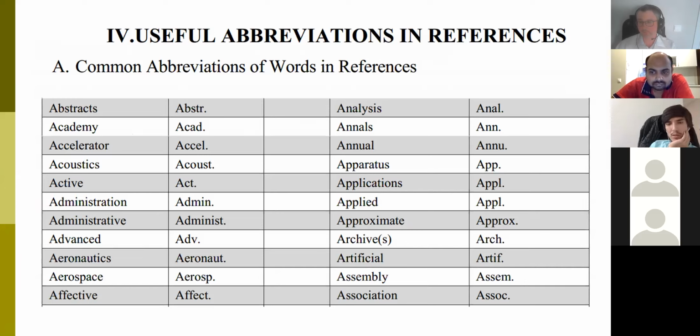Where do we get the full list for common abbreviations? Since I used the wrong Moodle group, it's in the wrong Moodle group. But after this class, I will send this IEEE reference guide to the Telegram group and to the correct Moodle group. So you will get it.